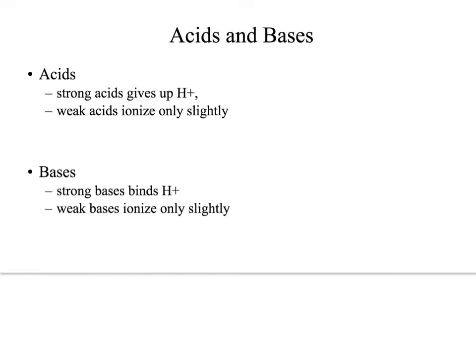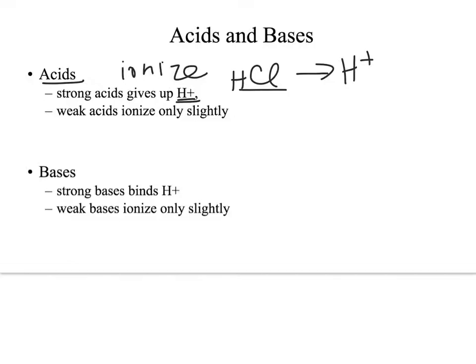Okay, now what's an acid and what's a base? Acids are things that ionize and give up a hydrogen ion. A strong acid is something like hydrochloric acid, which is HCl. So it's really easy for it to give up a hydrogen ion.